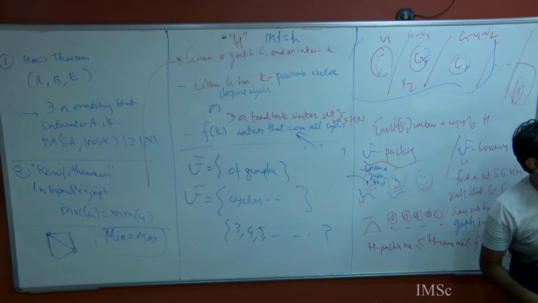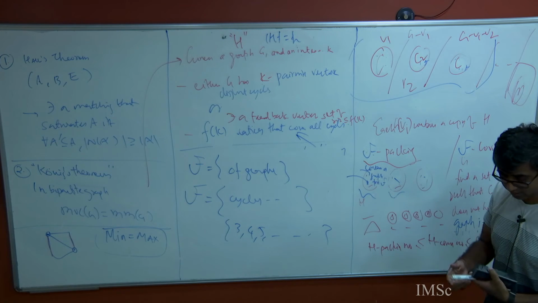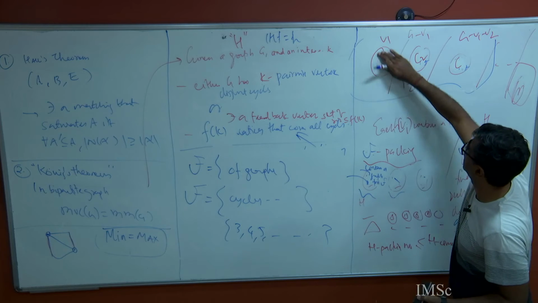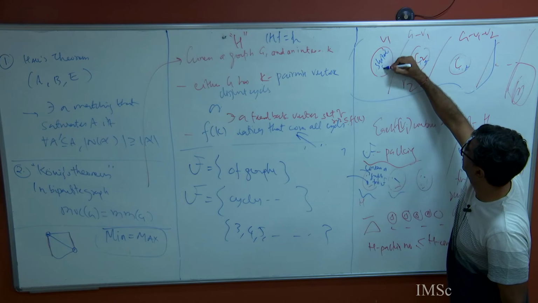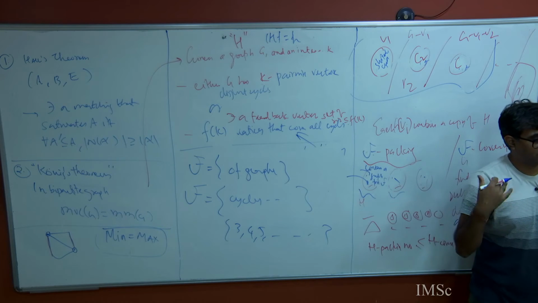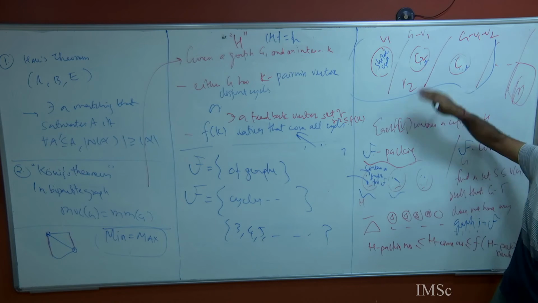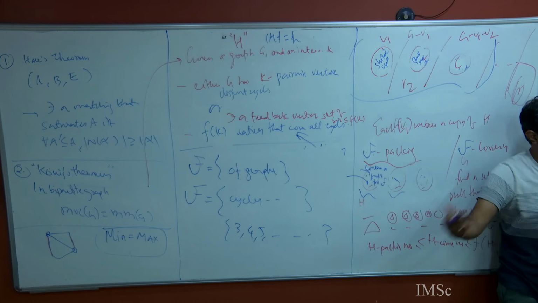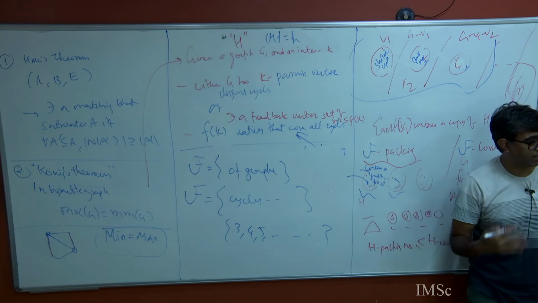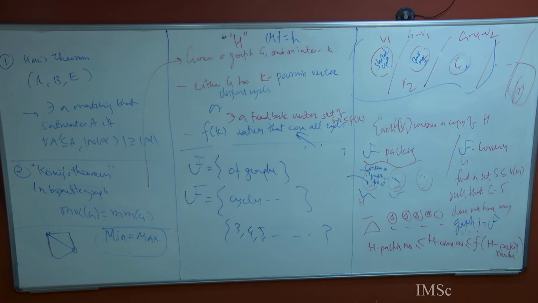So maybe a better heuristic would be to find a shortest cycle. This is better, if I have to apply a heuristic: among G minus V, find the shortest cycle. I have several choices among all the cycles present in my graph, and I am choosing the one which is shortest. But even the shortest cycle, I have no upper bound on the length.